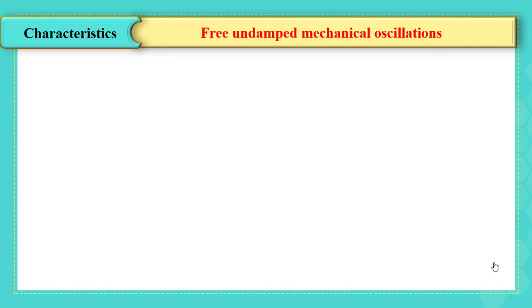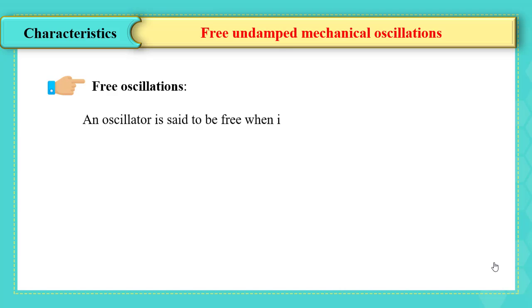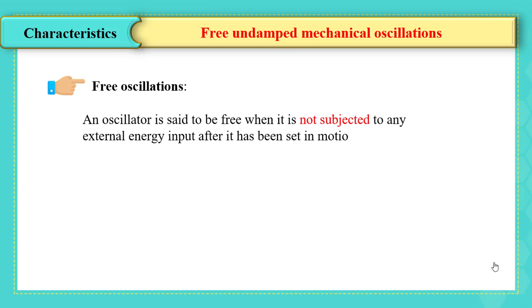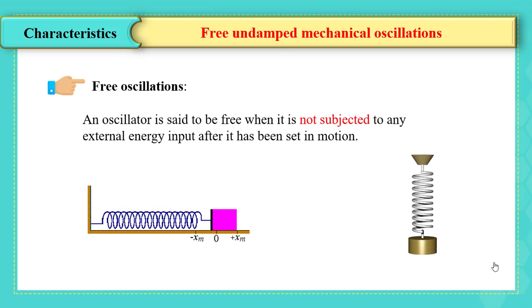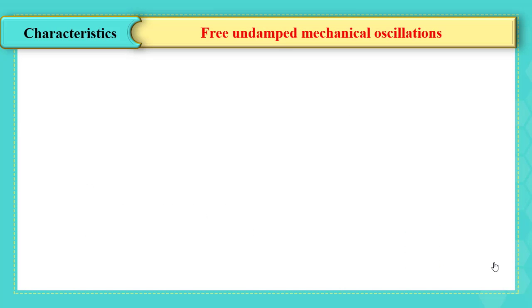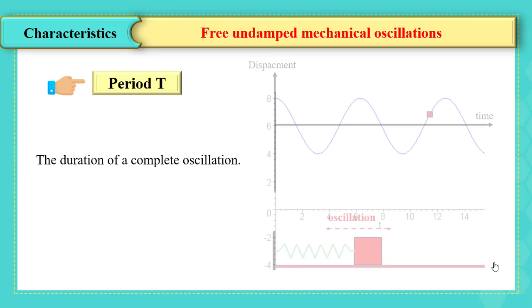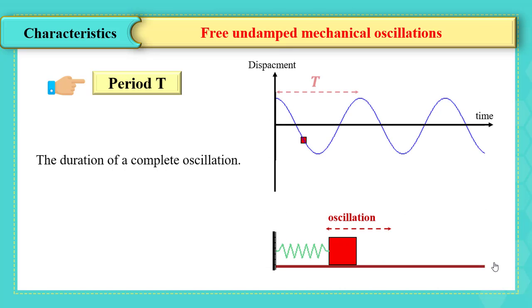What are free oscillations? An oscillator is said to be free when it is not subjected to any external energy input after it has been set in motion. And this motion is characterized by, first, period, which is the duration of a complete oscillation. It is taken between two maxima.